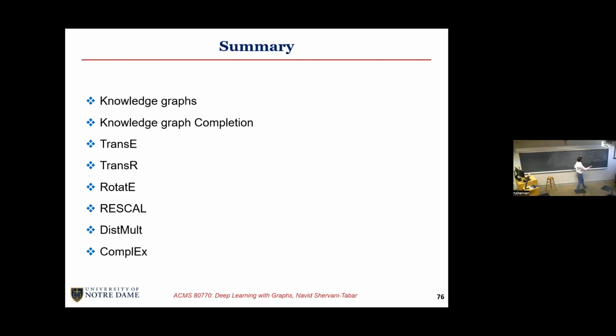Now, this translation can be in a Euclidean space, or it can be defined in a complex space. Then we went to the tensor decomposition type of decoders. We studied RESCAL. We said that it is expensive, but it is able to cover all types of relationships. DistMult and ComplEx are 2 other models that are used most often in papers and literature, but they have problems of their own.